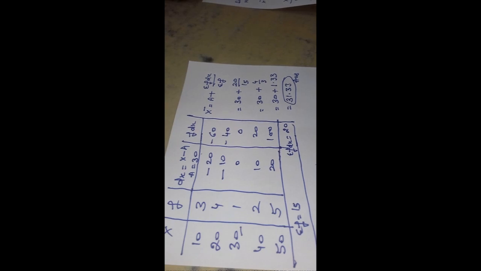This is the same as in the previous direct method where we got 31.33, and in the shortcut method as well we got the value 31.33.